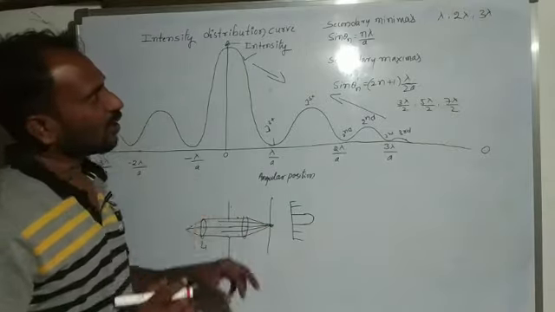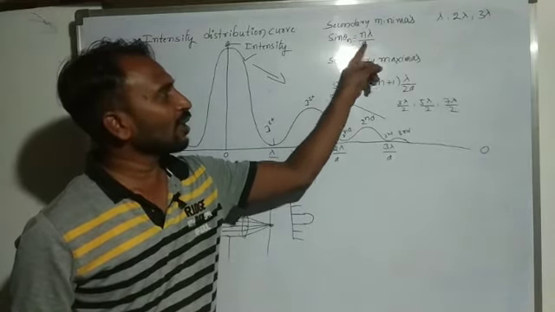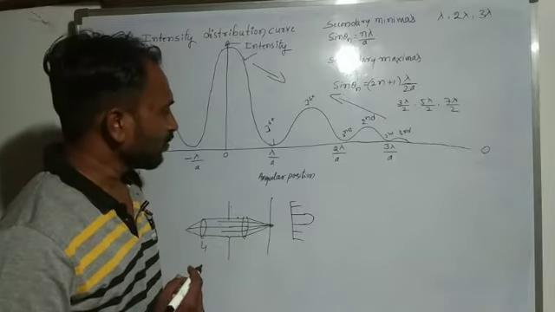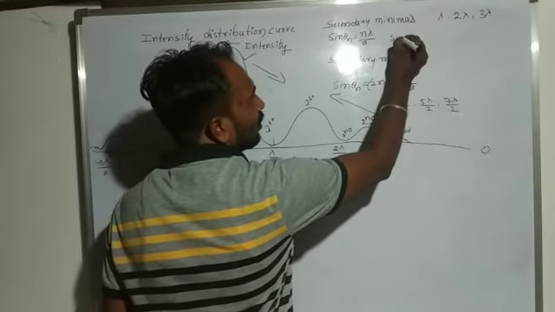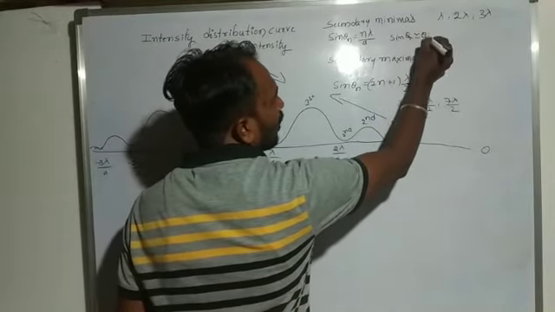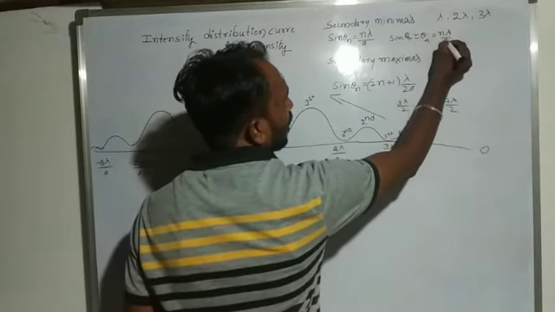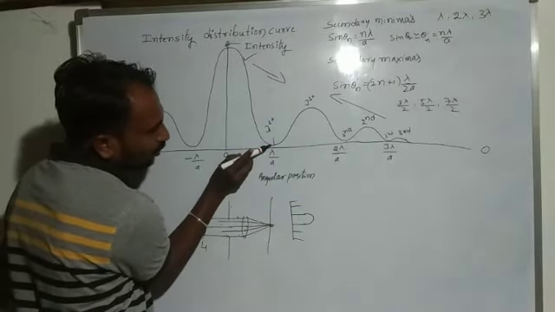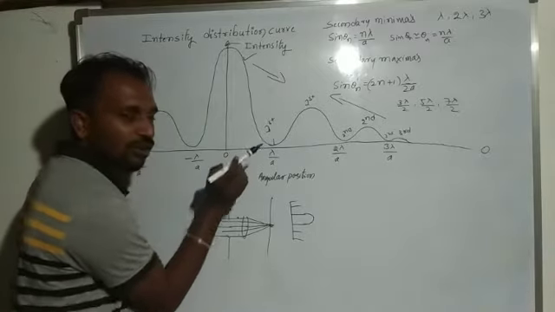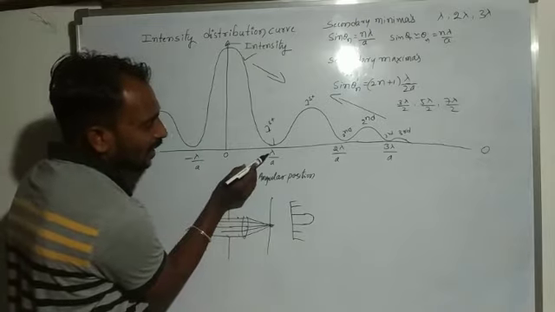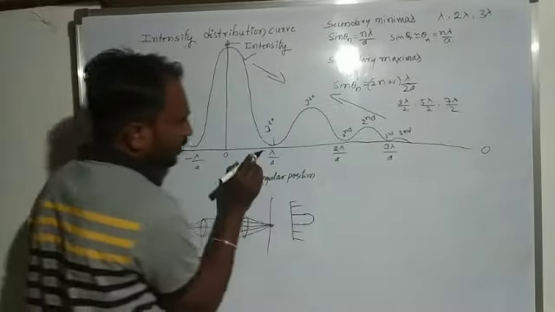We already know that for secondary minima, sin theta n is equal to n lambda divided by a. Here theta is the angular position. Since sin theta n is near theta, theta n is equal to n lambda divided by a. The angular position of the first secondary minima is lambda by a, with n equal to 1. For the second secondary minima, n is 2, so 2 lambda by a.